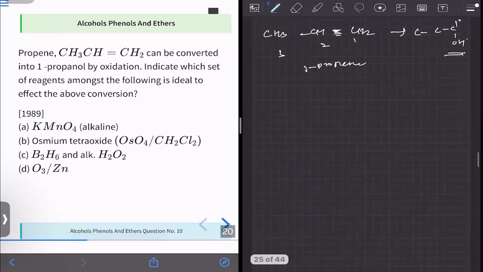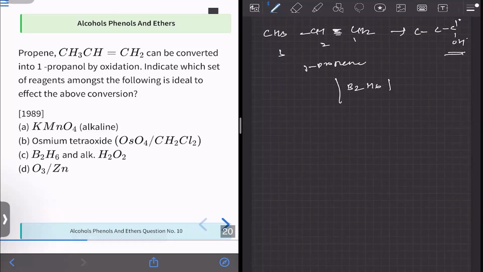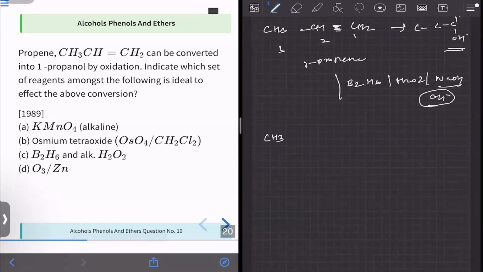So we all know that whenever propene reacts with B2H6 in the presence of H2O2 and NaOH, or alkaline media, it undergoes an addition reaction, adding BH2 and H. What does it produce? See, the double bond is removed.